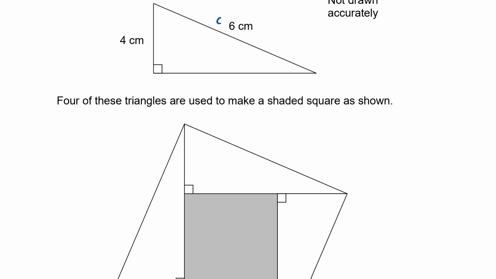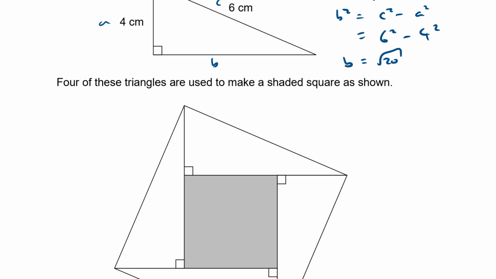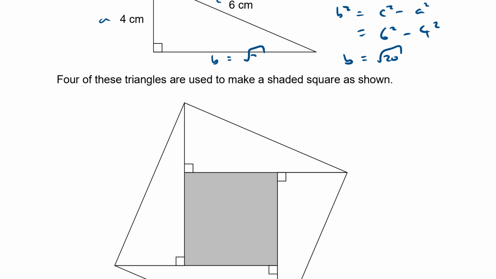So if this is side C, A and B, then B squared is going to be C squared minus A squared, which is 6 squared minus 4 squared. 6 squared is 36. 36 minus 16 is 20, so B equals the square root of 20. So that's root 20.